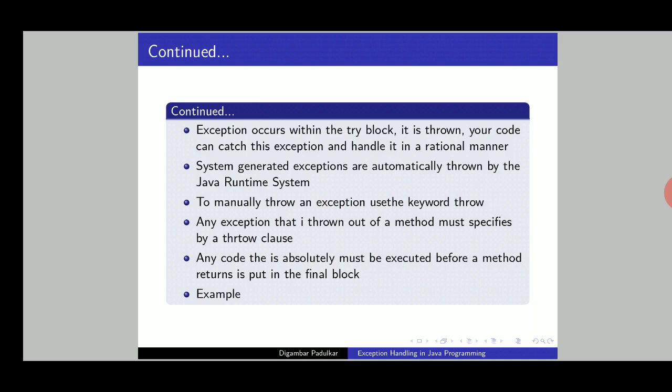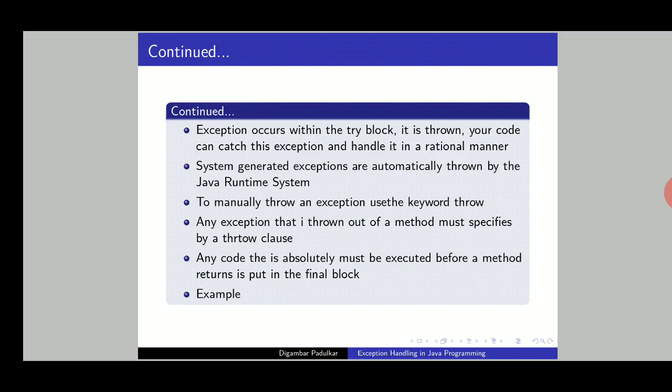Any exception that can be thrown out of a method must be specified by a throws clause, and any code that absolutely must be executed before a method returns is put into a finally block, meaning the finally keyword.